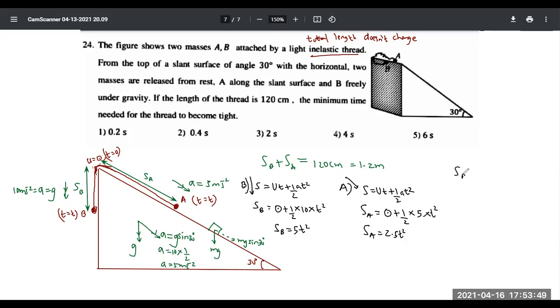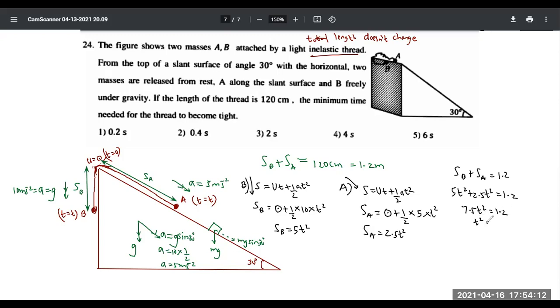But we know SB plus SA is equal to 1.2 meters. I am going to use SI units, right? So I can substitute here. 5t squared plus 2.5t squared is equal to 1.2. So 7.5t squared is equal to 1.2.